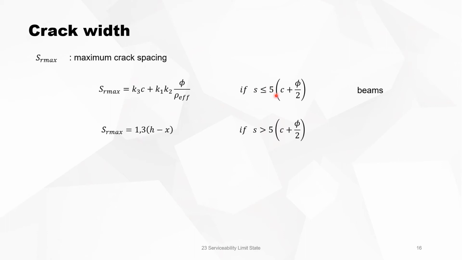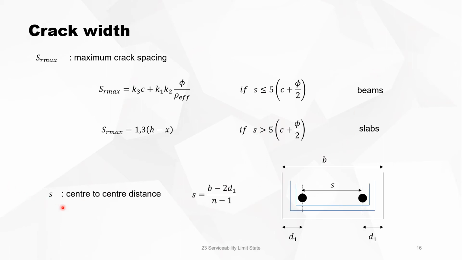In most cases, this is valid for beams, and in most cases, this is valid for slabs. But it's this that is governing the rule, not beams or slabs. And S is the center to center distance of the rebars, and you will see that you can easily calculate the S.